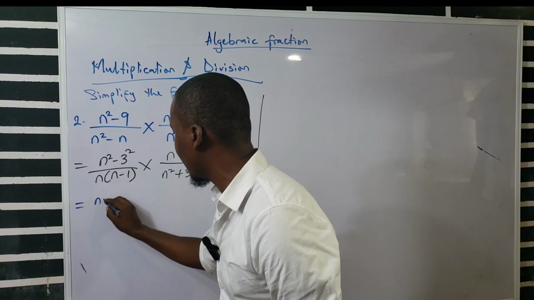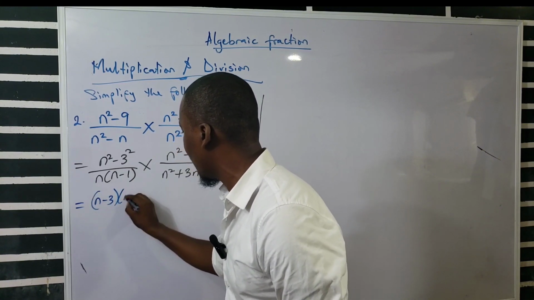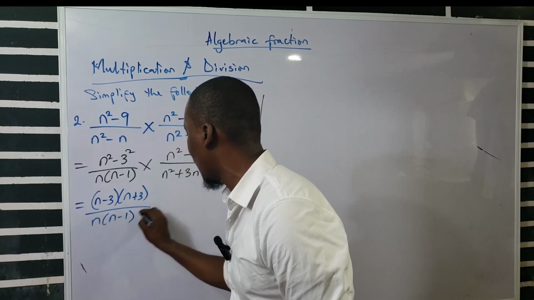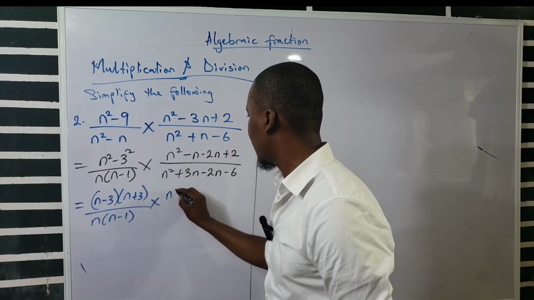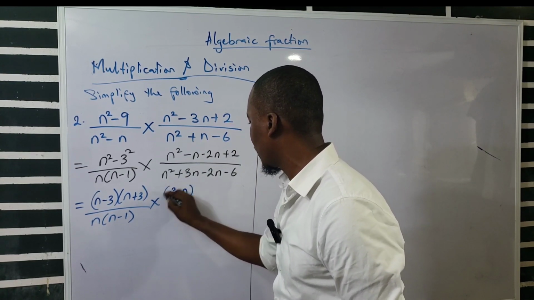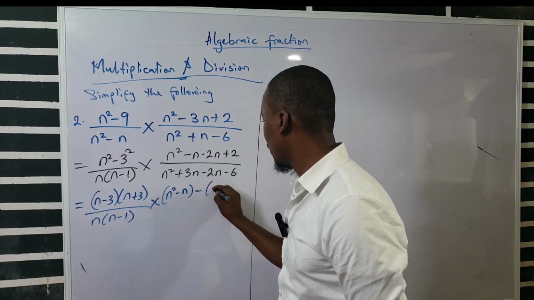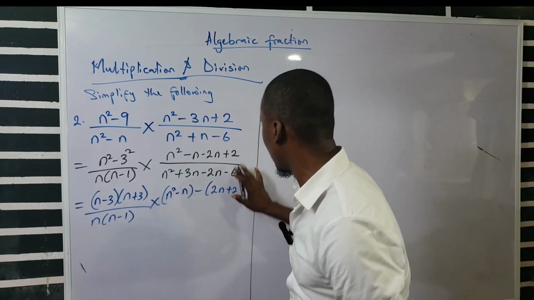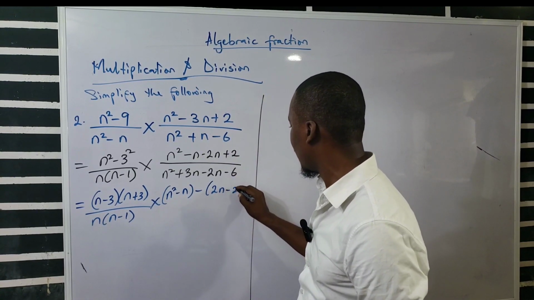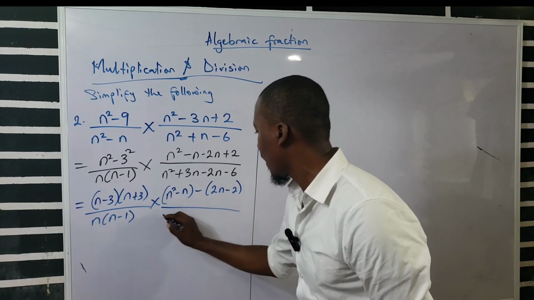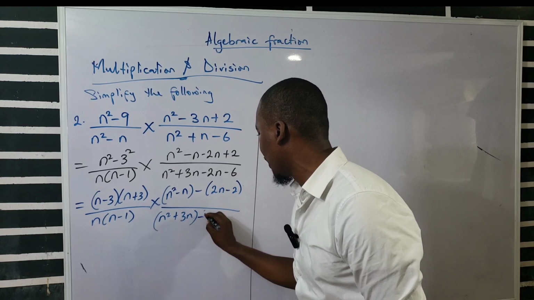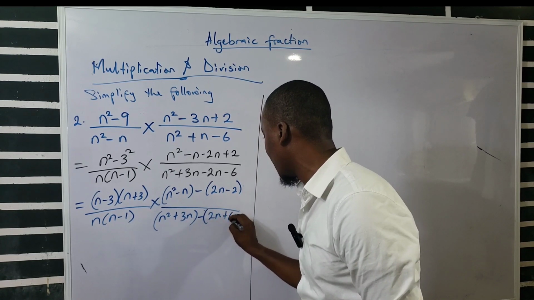So that will give us n minus 3 into n plus 3 all over n into n minus 1 times n square minus n minus 2n plus, oh, this one will change because we have brought minus outside, so minus 2, all over n square plus 3n minus 2n plus 6.